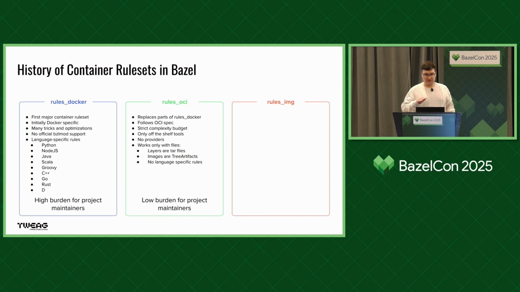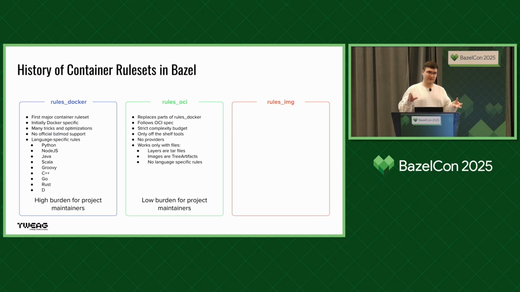They do not use any Bazel providers, and everything is a file. So a layer in rules OCI is really just a tar file, and an image is really just a tree artifact. So it's a directory containing the OCI layout that I showed you earlier. So it's just a directory with all of the blobs inside.